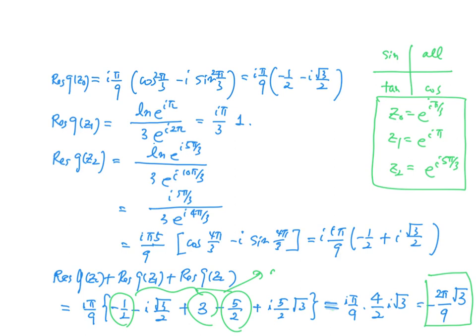So we have the closed contour integral of gz dz has become 2 pi I times, do you remember the value? Minus 9 over 2 pi square root of 3, right?